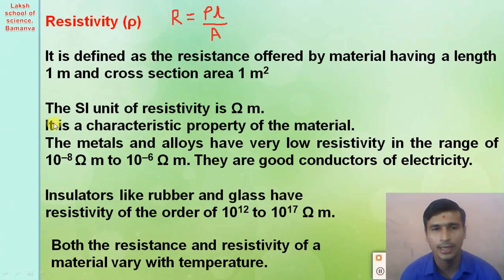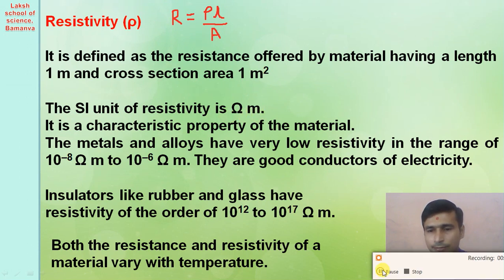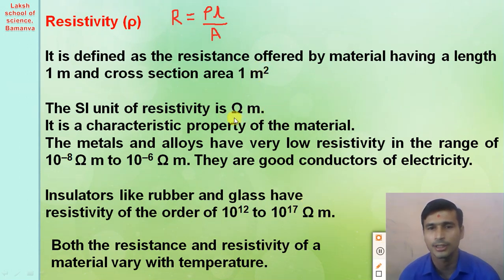The SI unit of the resistivity is ohm meter. We can easily derive the SI unit from this equation, but you have to remember that the SI unit of the resistivity is ohm meter.